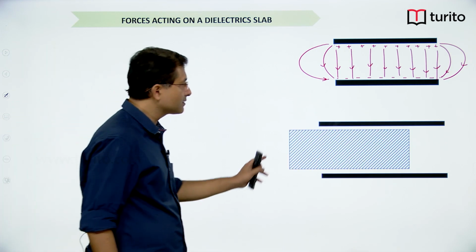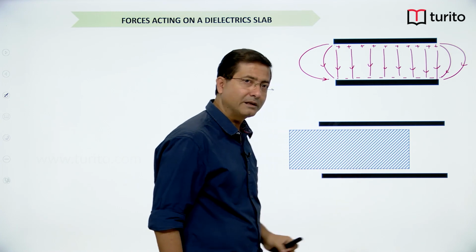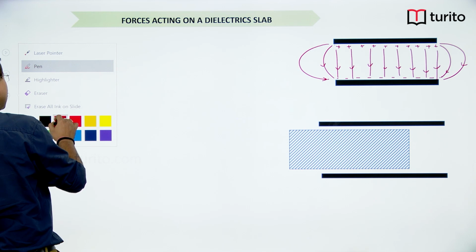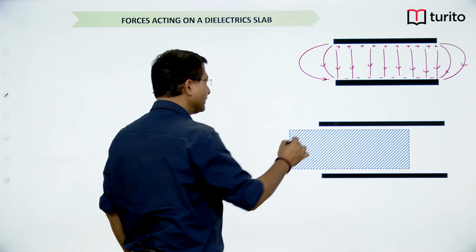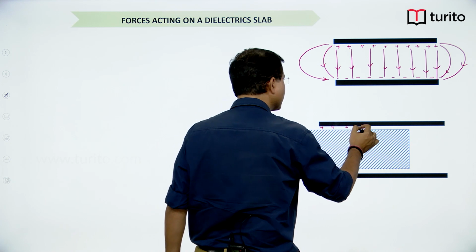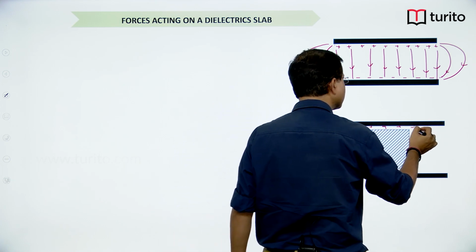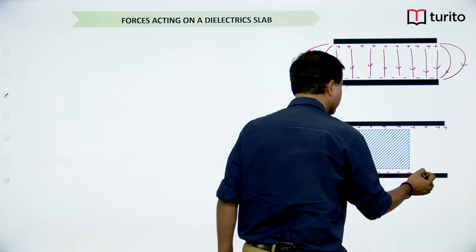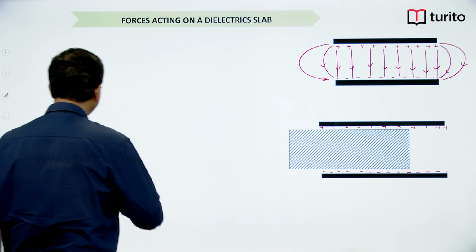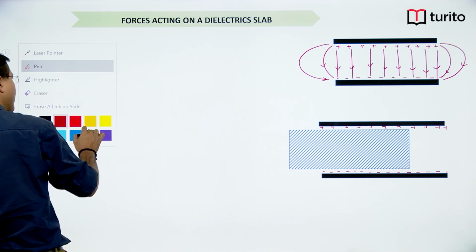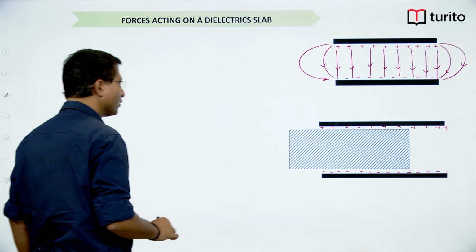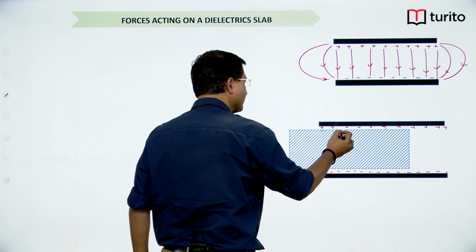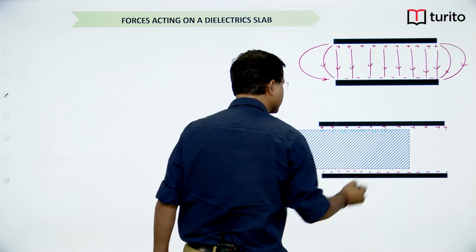So, say this is the slab placed inside two plates of capacitor, and as you can see here there will be positive charge and here we got negative charge, and over dielectric here there will be induced charge, right. So, this will be negative, so minus, it will be like this.